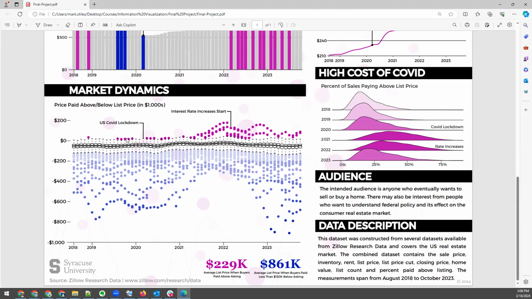And so this last graphic I have here is about the amount people were paying above and below list price. If you think of 0 as the list price people were asking, most people, from the maximum of this box plot, are just below or maybe just above the list price. So there actually are a lot of people who get a price cut on the listing price.